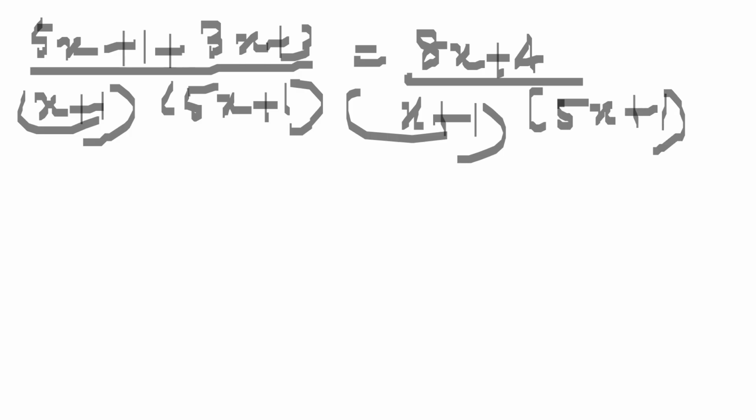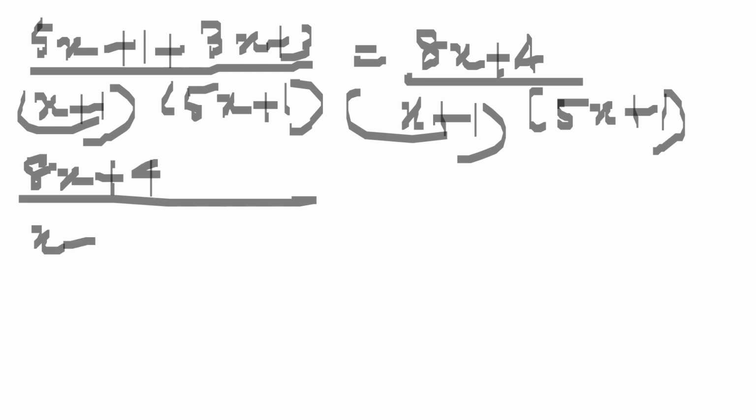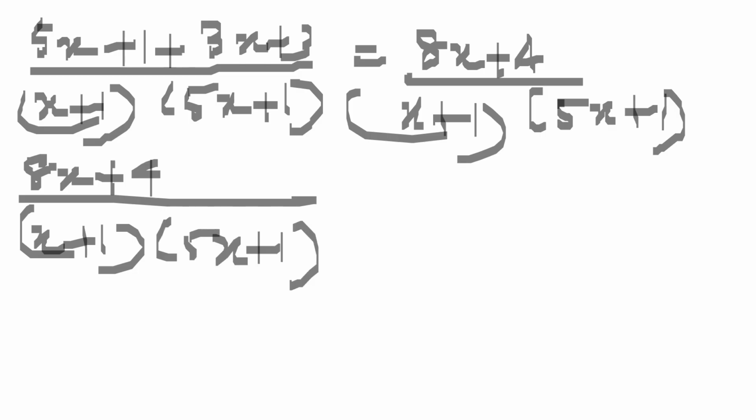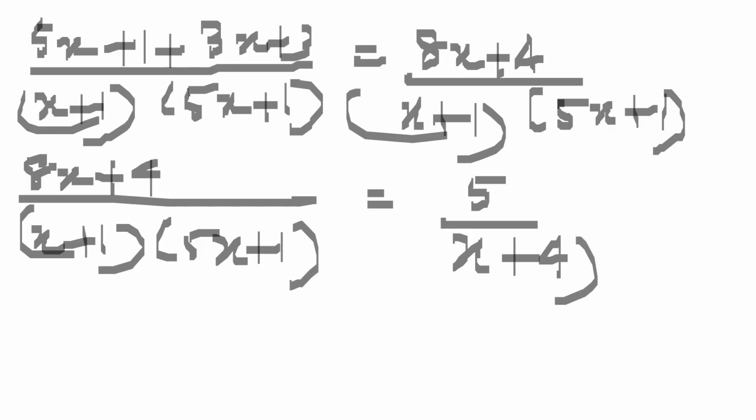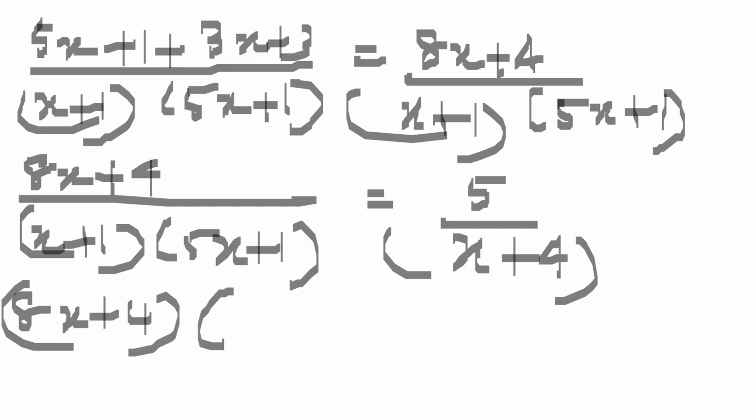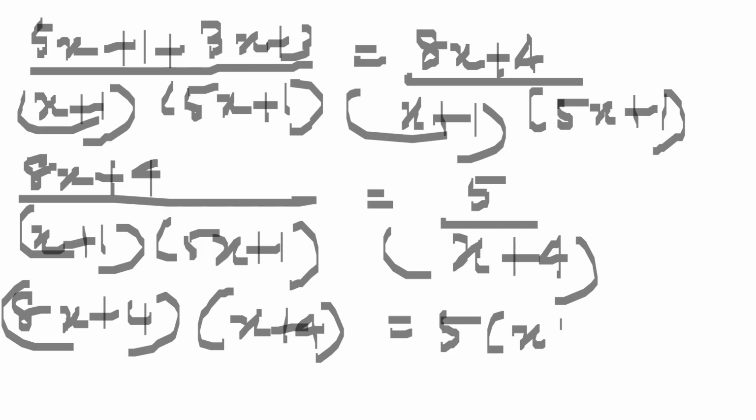Let us equate this to the right hand side. 8x plus 4 divided by x plus 1 into 5x plus 1 equal to right side is 5 by x plus 4. Now cross multiply to eliminate the denominators. So again cross multiplying, 8x plus 4 into x plus 4 equal to 5 into x plus 1 into 5x plus 1.